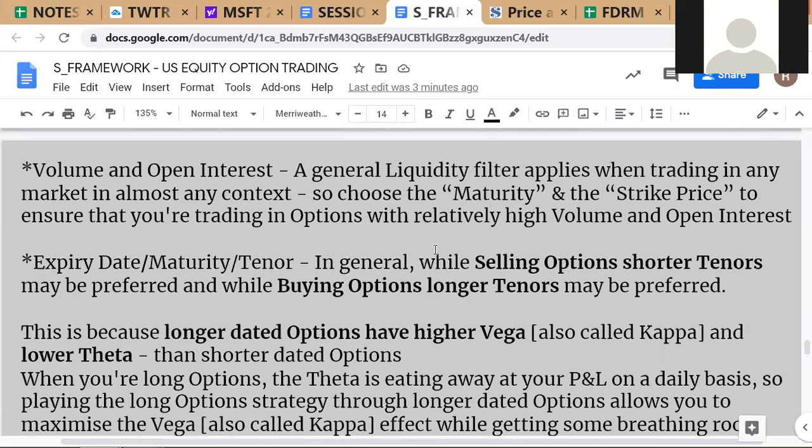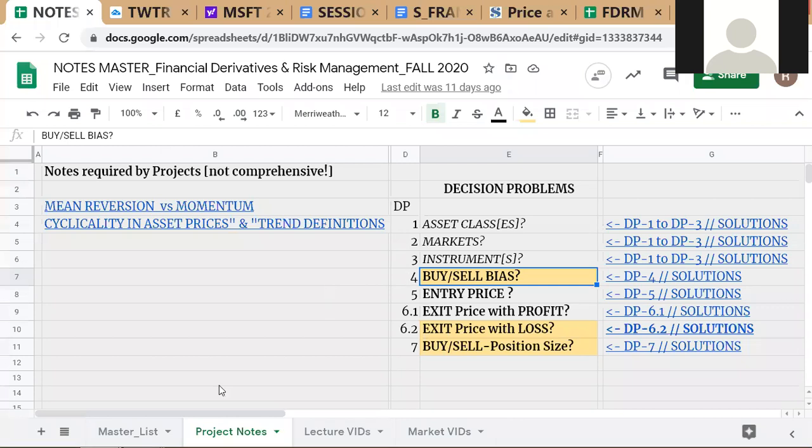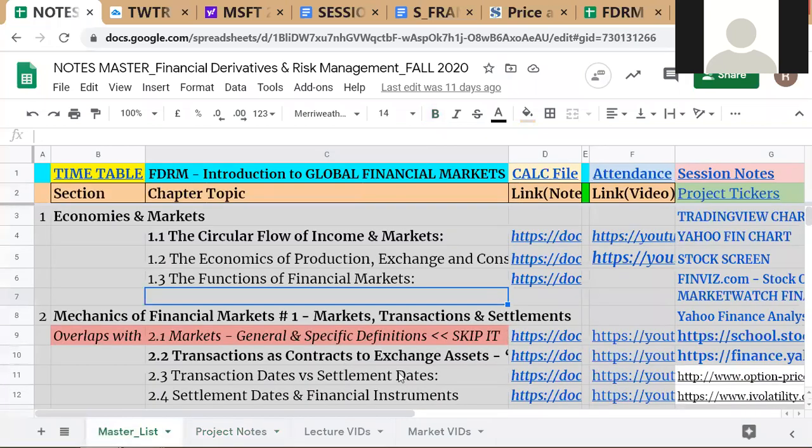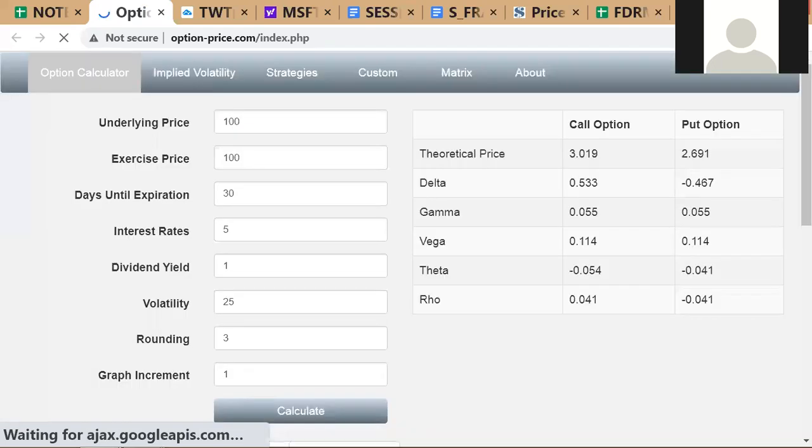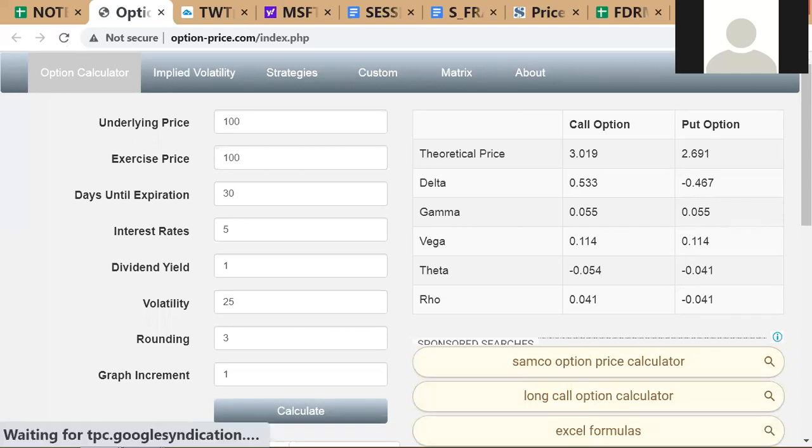Okay, so remember what Vega is. If we go back to our option price calculator, Vega is basically measuring the sensitivity of the option price to a unit change, or a 1% change, in the eyeball, the vol input to the OBM, which creates the same model output as the market price.